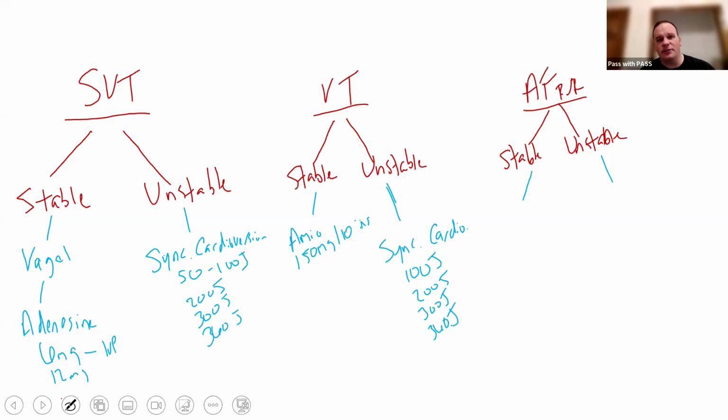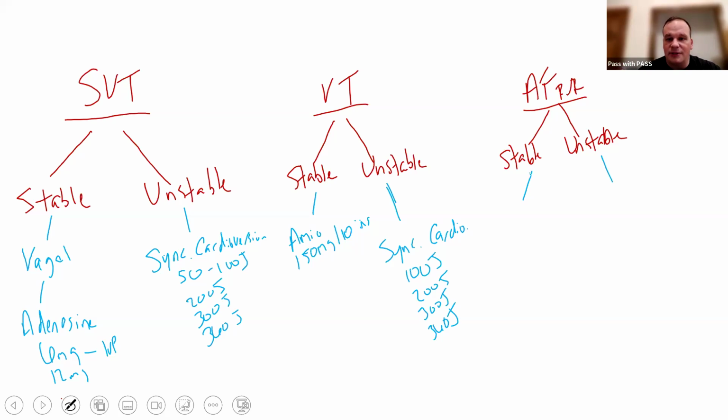With a synchronized cardioversion, you actually have to hold that button down for a few seconds for that monitor to sync and to look for the right time to deliver that electricity, or else it can end up being delivered at the wrong time. And then we have what's called an R on T phenomenon, and we put our patients into cardiac arrest, right? Bad day.